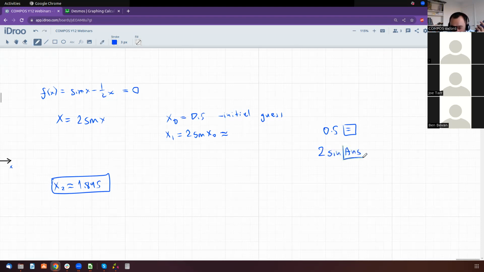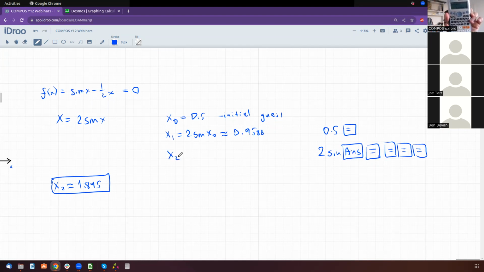Make sure you're in radians, and then you just keep pressing equals until you get closer and closer to the actual value. So it's going to be 0.9588.